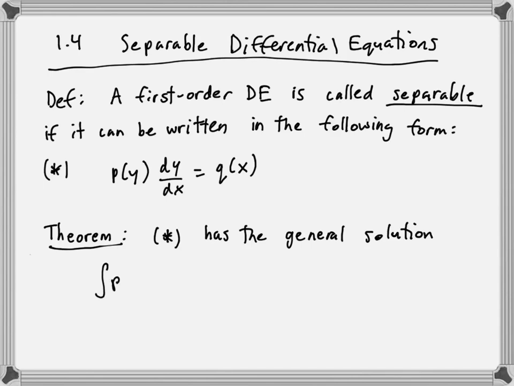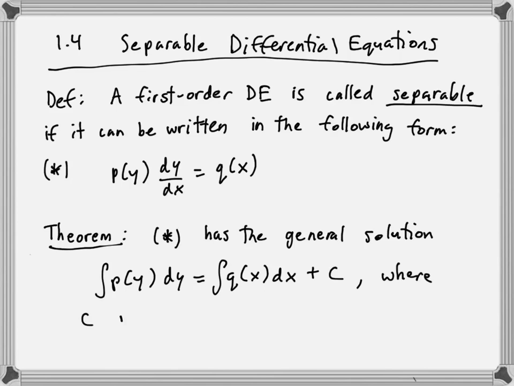You integrate the p of y function and you integrate the q of x function, and I'm going to put the plus c in here, where c is an arbitrary constant. This must be included in order for it to be the general solution.